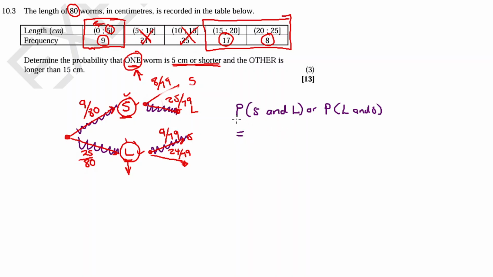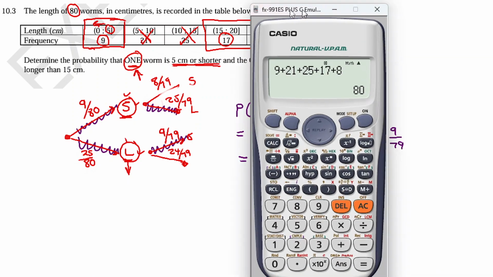So it's equal to the probability of getting a short, 9 over 80, multiplied by getting a long, 25 over 79, plus long, 25 over 80, multiplied by short, 9 over 79. Then we get our probability.